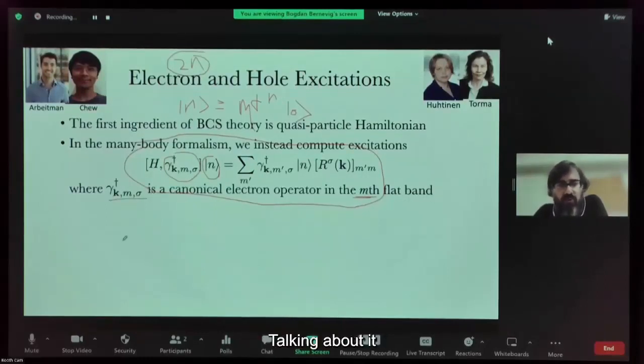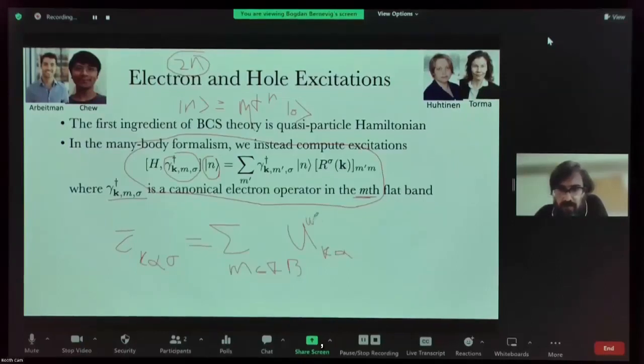Right? So we were talking about these operators c_{k,alpha,sigma}, where sigma is spin and alpha is orbital, projected in the band. These are just a sum over the flat bands of the eigenstates of the flat bands times gamma of k and sigma.